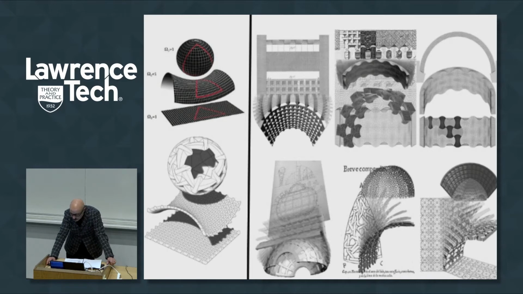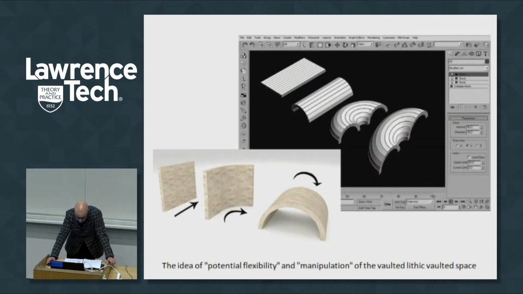This is totally equivalent from the topological point of view. The idea of potential flexibility and digital manipulation of the lithic vaulted space is at the basis of the method that links topology to stereotomy.